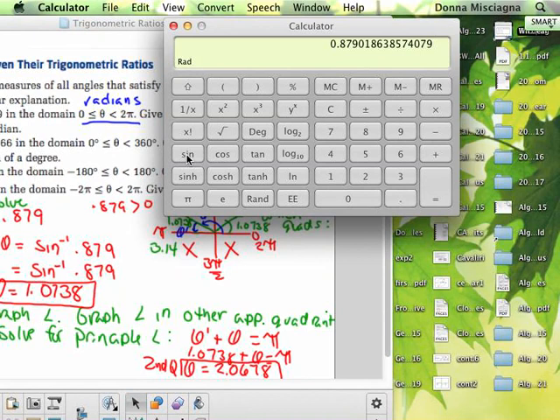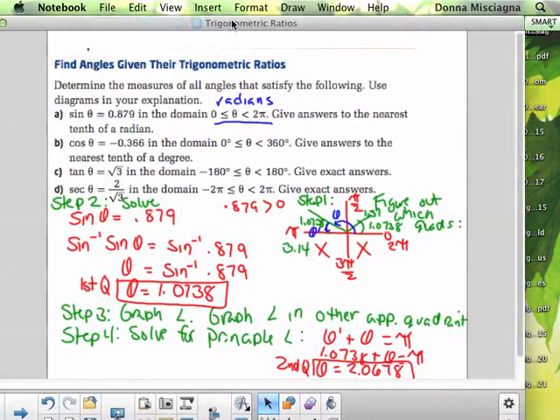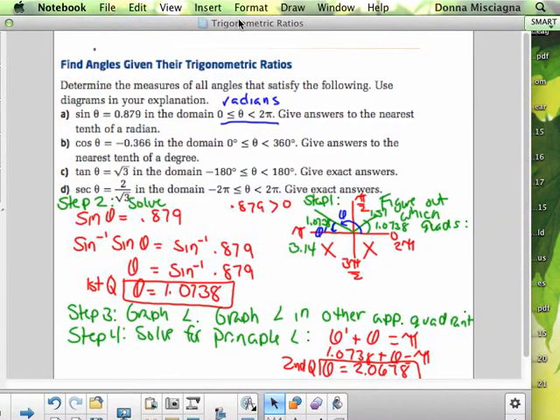All right, so that's how you can check yourself: when you get the answer, whatever the trig function is, take the sine or cosine or tangent of that value, you should get back to your original ratio. So we have two answers here. And of course it won't be exact, right, because this is a rounded value.